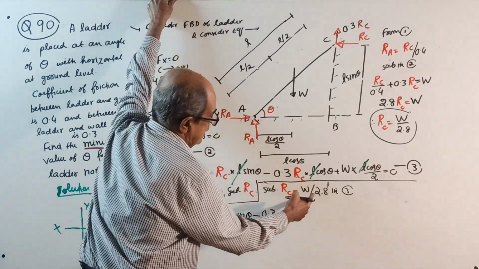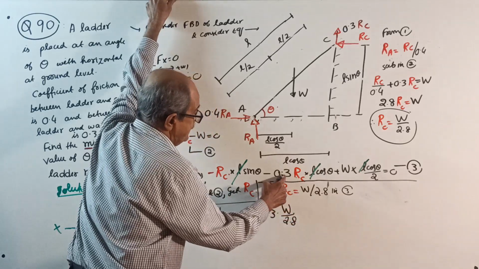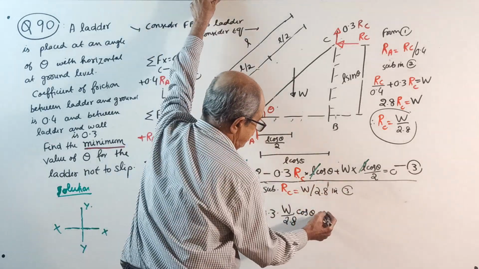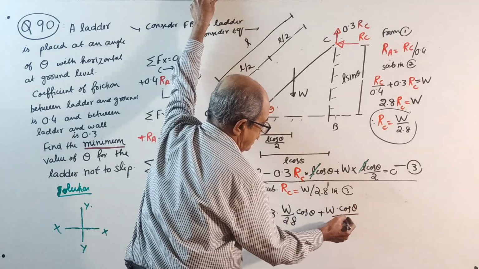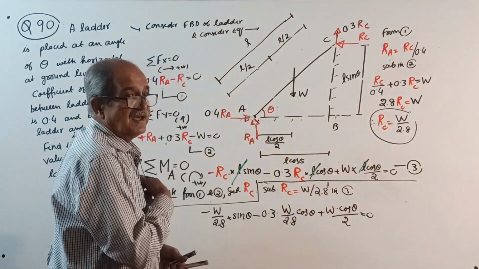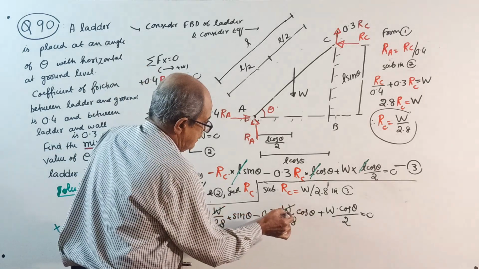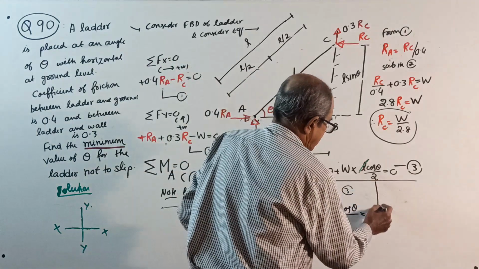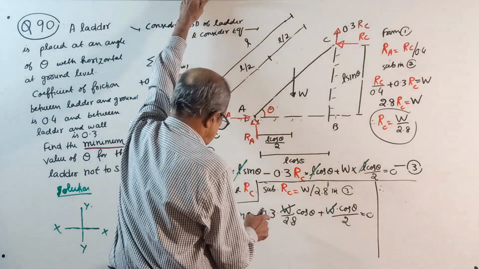RC is W by 2.8, so 0.3 RC into cos theta, plus W into cos theta by 2 equal to 0. See now what happens here: your W will get cancelled.